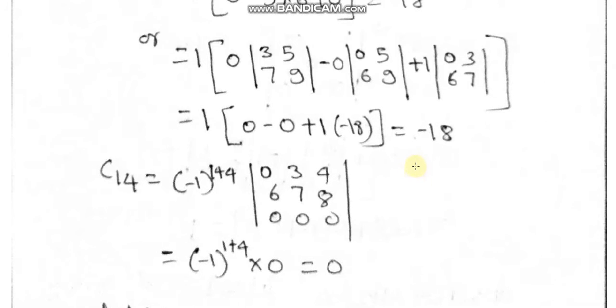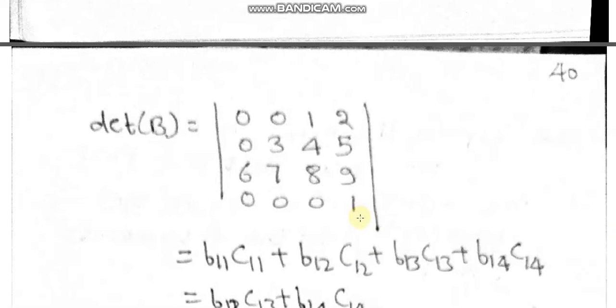So there was one more non-zero element. That was C14, that is 2. So this also I have to take into account. I'm taking this 2, and I'll have this as a cofactor, leaving that column.